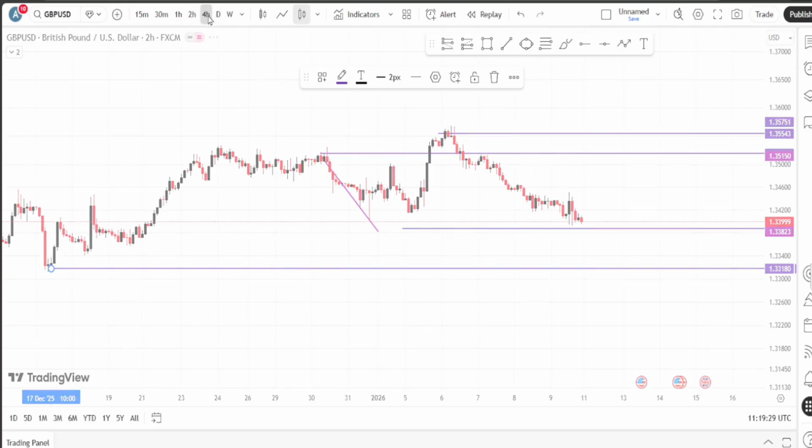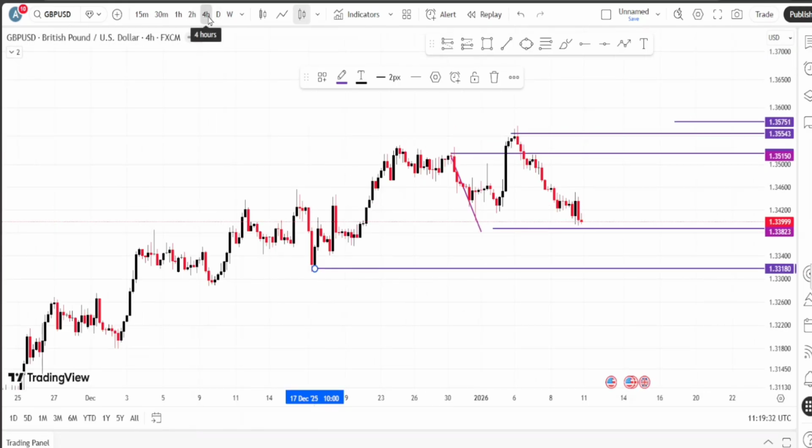Based on the 4-hour chart, you can see structure was broken here. So what I want to see is that if price closes below 1.33905, then price tries to retest and fails, then I'll look for a confirmation.